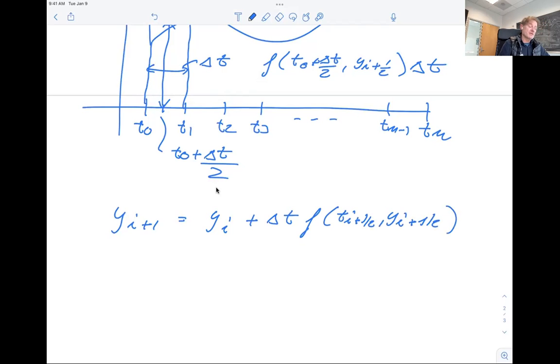Now, the problem we face is that y_(i+1/2) is unknown. We can obviously calculate t_i at the half time step, but we do not know the value of the function which enters the evaluation of the right-hand side of the differential equation.